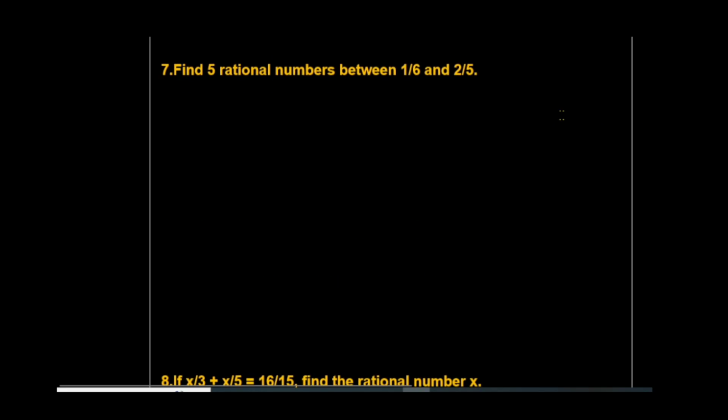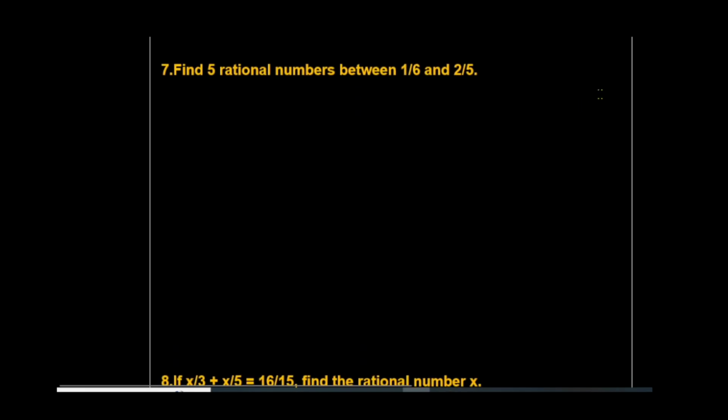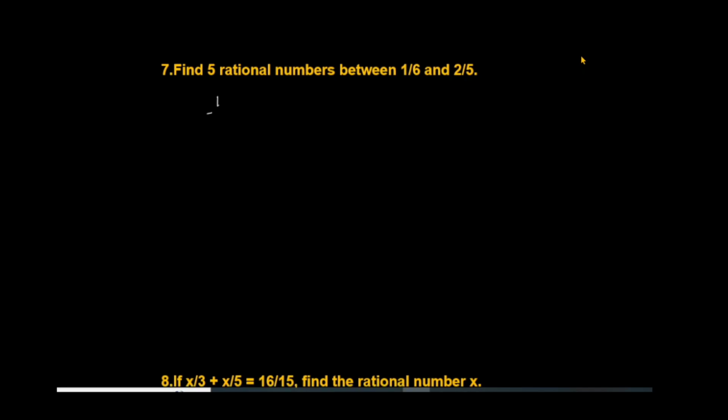These are the numbers. Next, find 5 rational numbers between 1 by 6 and 2 by 5. Same way, 5 rational numbers are there, but here the given numbers are unlike fractions. So to make them like fractions we need to multiply with the LCM. 6 and 5's LCM is 30.